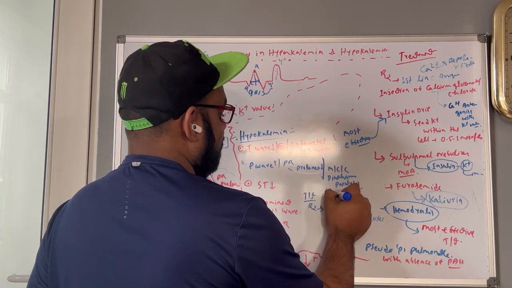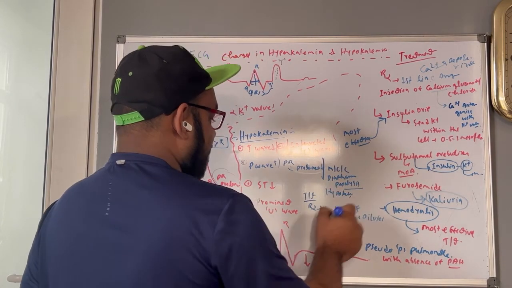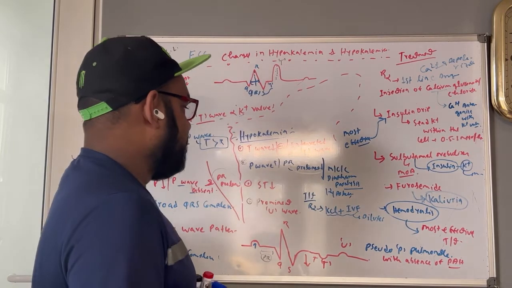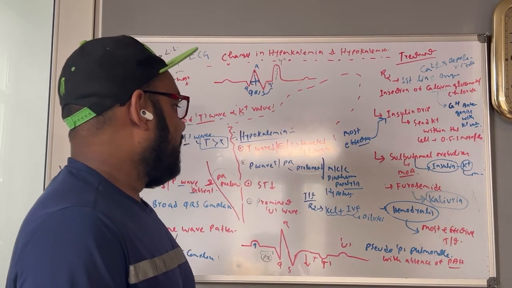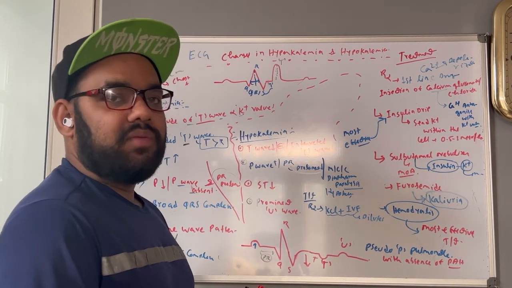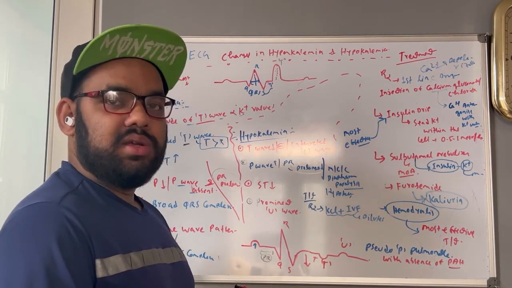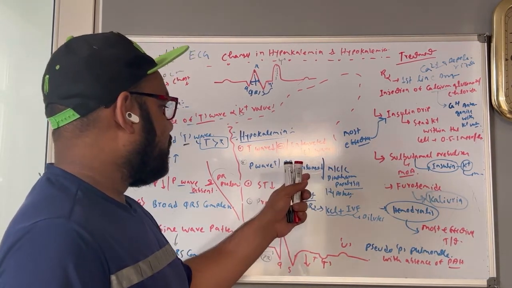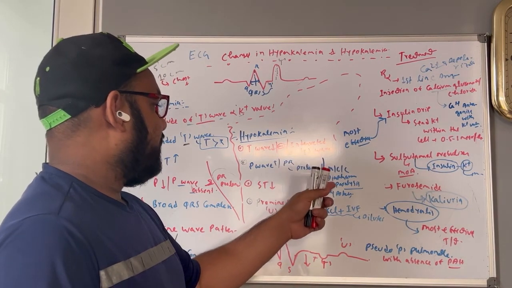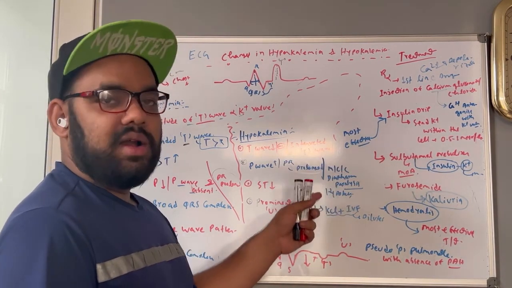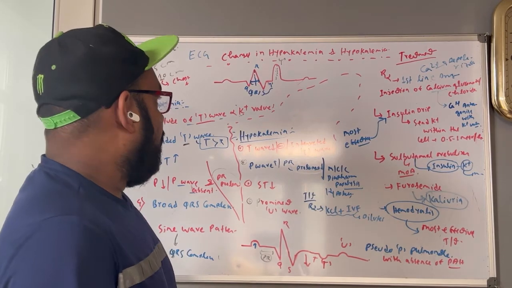So I am repeating once again: if in the exam it is asked what is the most common cause of death in hyperkalemia, it will be diastolic cardiac arrest. But in hypokalemia, the most common cause of death is diaphragm paralysis. Hope it's clear now.